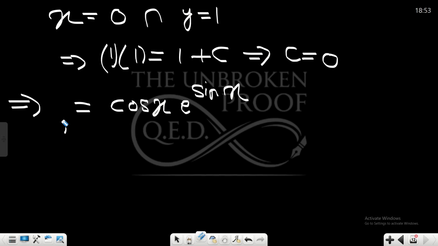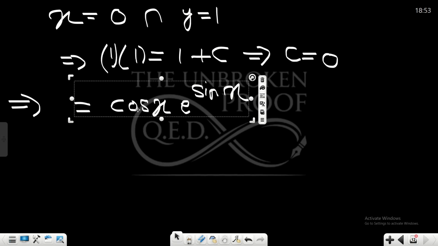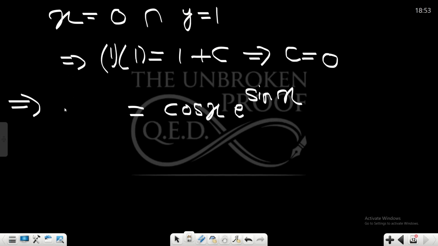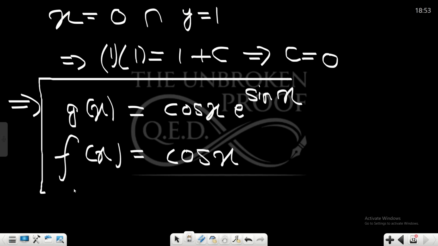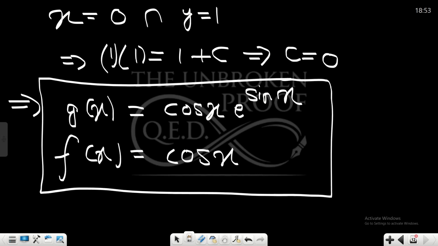So if I replace this as g of x, then this is going to be g of x. We know that f of x is cos x, right? And using these two pieces of information, we are going to solve for the value of I naught.